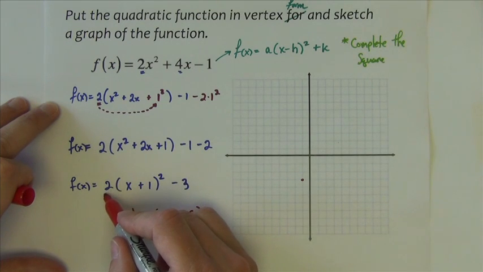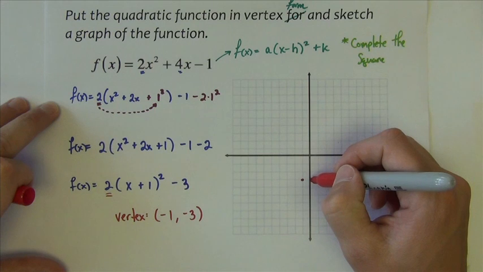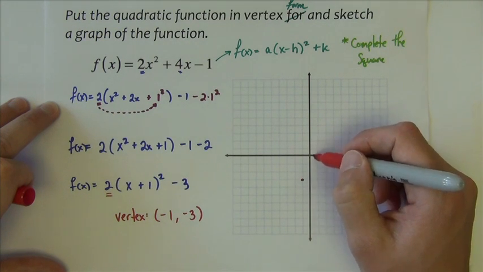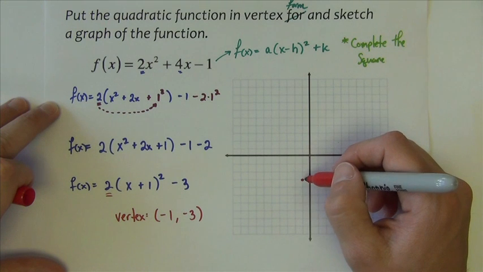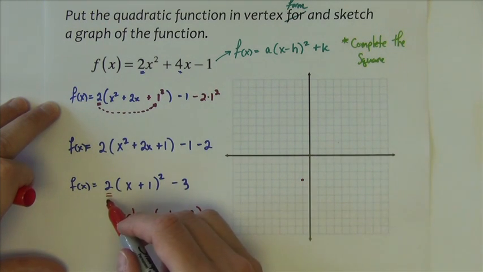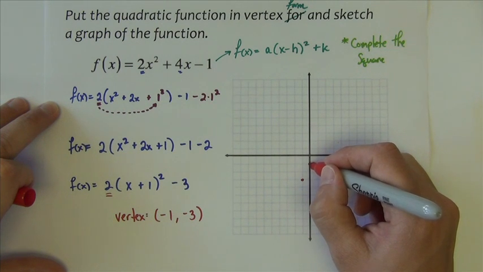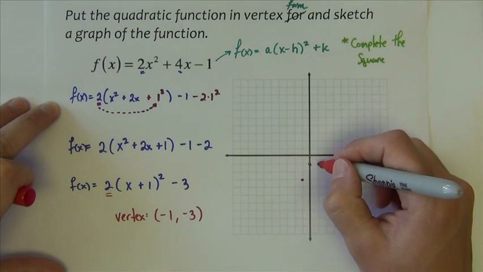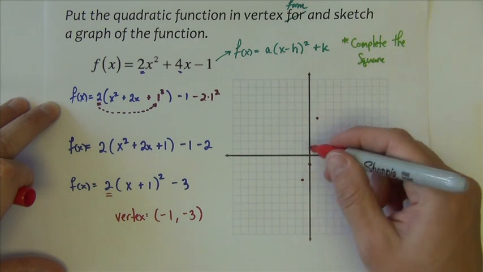We do have this stretch factor of 2. So instead of plotting those points, the vertical distances of 1, 4, 9, the vertical square distances have to double, stretching them times 2. So 1 actually goes to 2 up. 2, instead of going 4, goes 8 up.